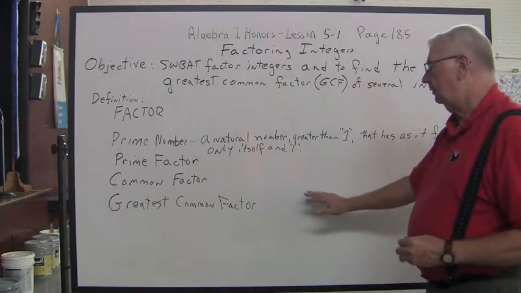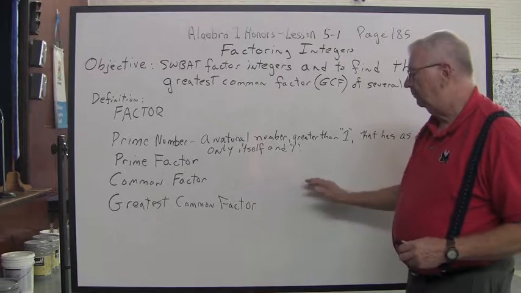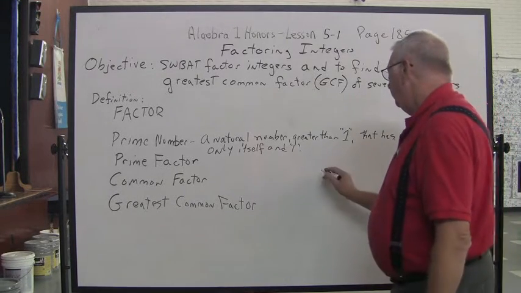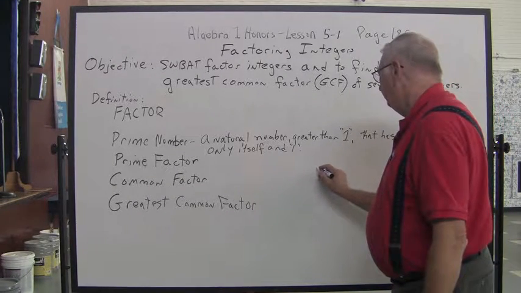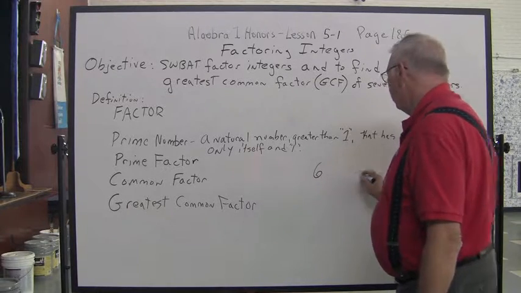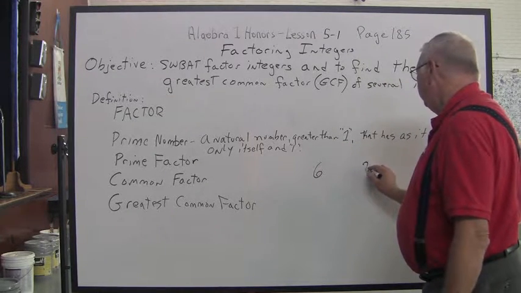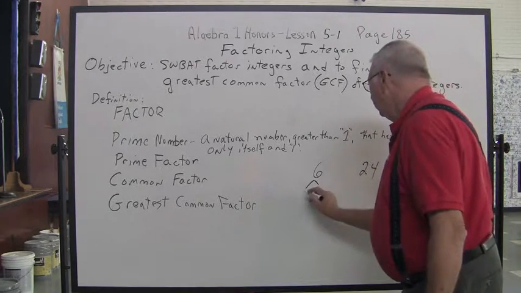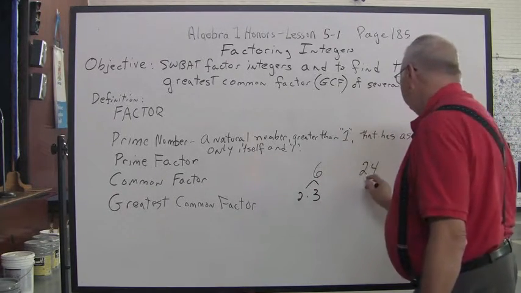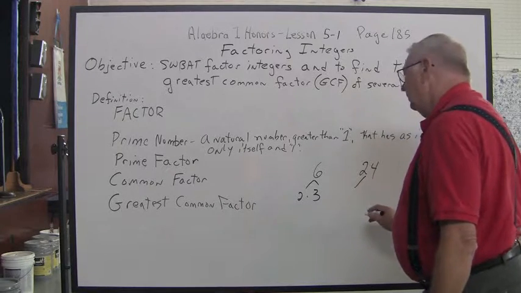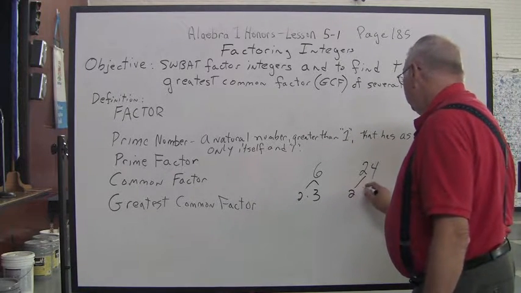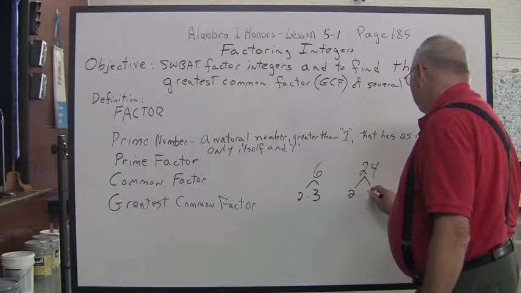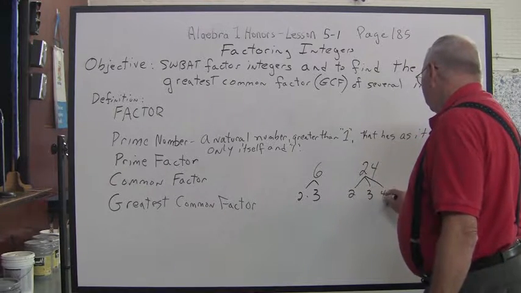Then the greatest common factor would be, if we had something larger, that would be products then. So let's say we go to 6 and 24. Here we have 2 times 3, and here we would have, say, 2 times 3 times 4.